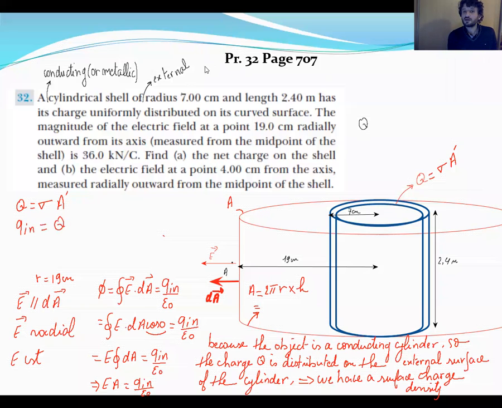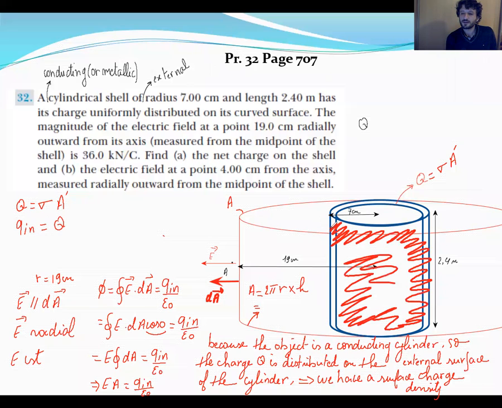Why? If you see here, on the body you have the charge Q. This charge is located inside the Gaussian surface.